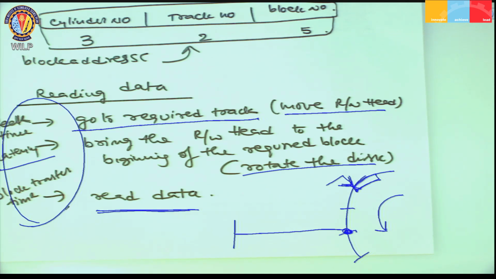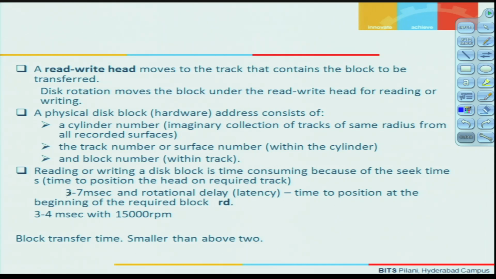If you carefully observe, the seek time is normally 3 to 7 milliseconds. I am giving these figures with respect to a specific hardware to give some rough idea of how much time each of these components can take.